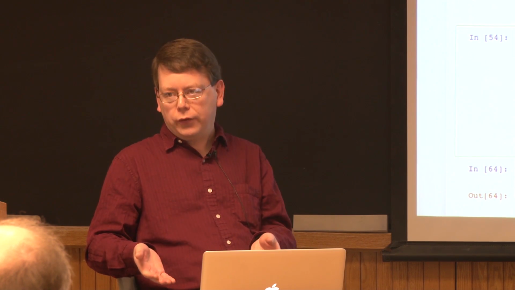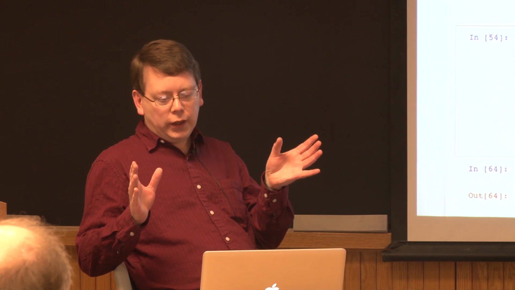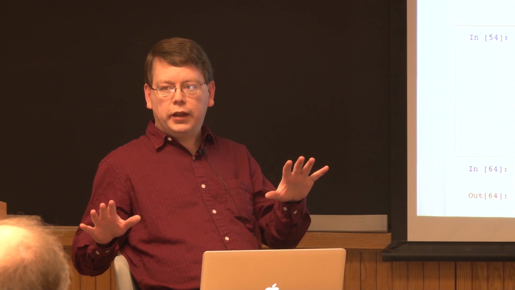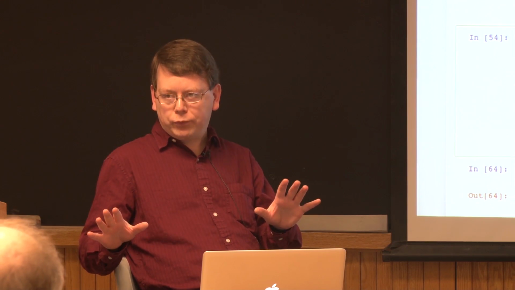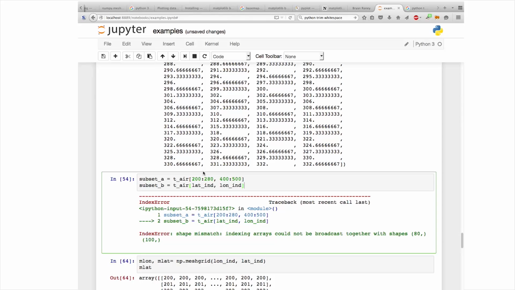It doesn't treat it as a range, it treats it as a list. And so since you're giving it two lists, then each list is for a different coordinate. But since the shape of the array is two-dimensional, then the coordinates lists need to be two-dimensional. So in this case, this is a shortcut for saying I want rows 200 to 280 and columns 400 to 500. But this form just gives you indexes.